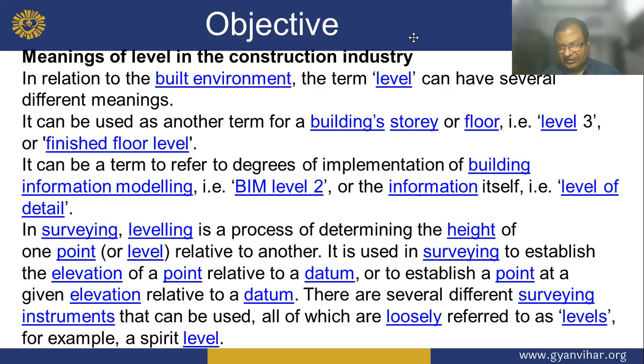There are several different surveying instruments that can be used, all of which are loosely referred to as a level, for example a split level. So today we will discuss the topic of leveling.